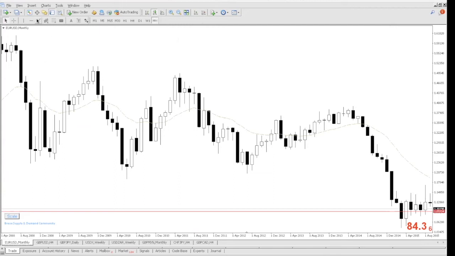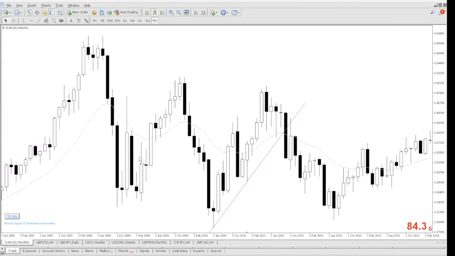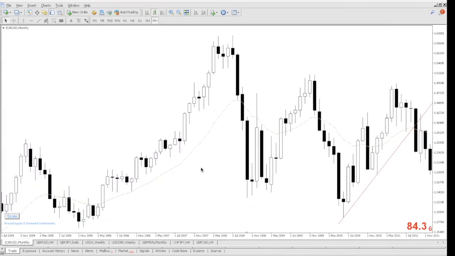Guys, look here. These are two valleys. You connect the latest V's, okay? Look, price crossed the trend line. What happened? It started to fall. It dropped.